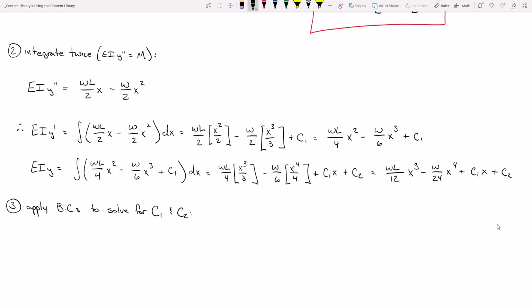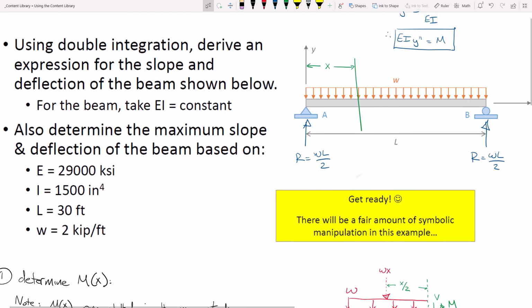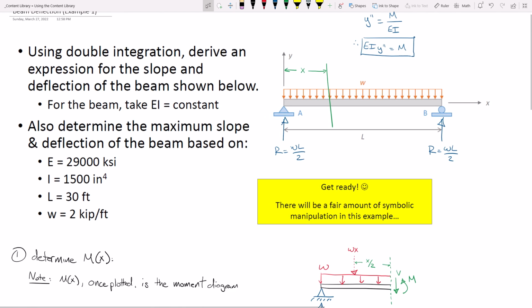So C1 and C2 are arbitrary constants of integration based on this problem. Okay? So we need to know what those boundary conditions are. So I'm going to scroll up a little bit, is that okay? So here's the beam. What can you tell me?